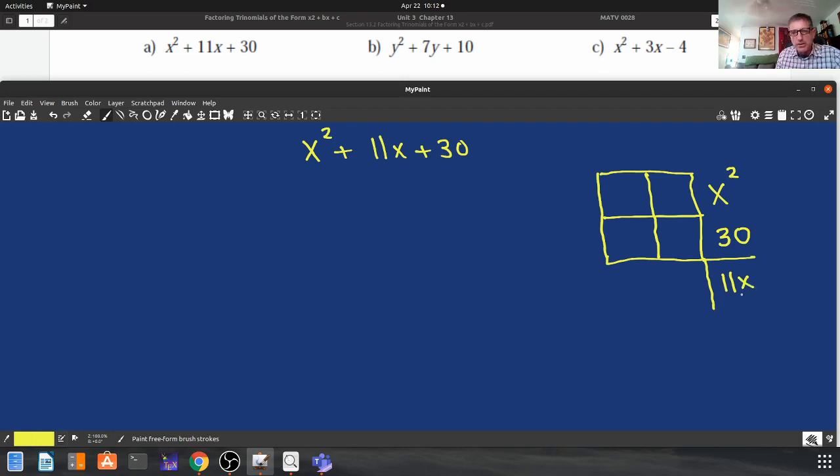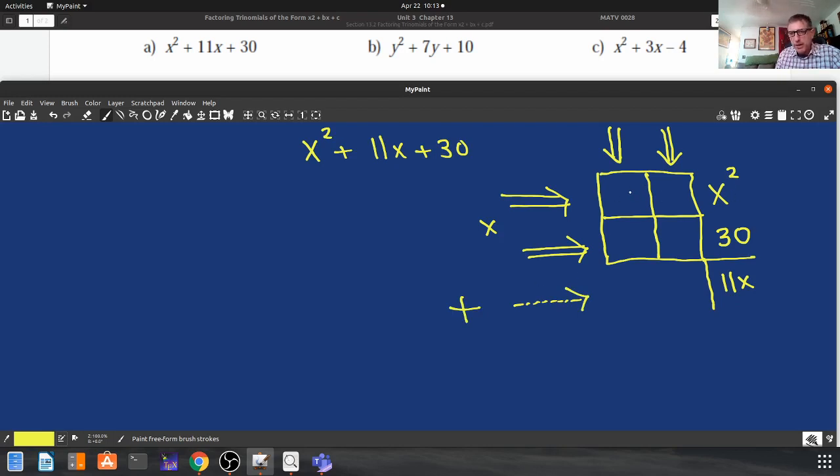Factorization, the work always comes with the middle term. And what we're going to be doing is entering variable terms or whole numbers in each of these boxes and multiplying across and then multiplying down. But on the bottom, we're going to be adding. So let's start with the x squared term.